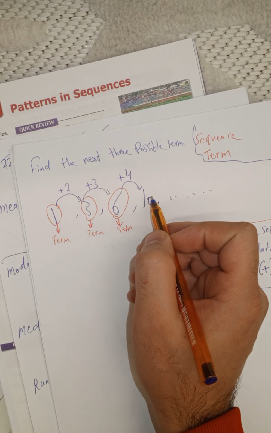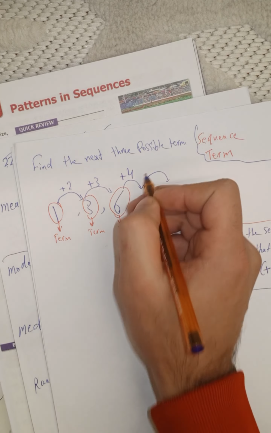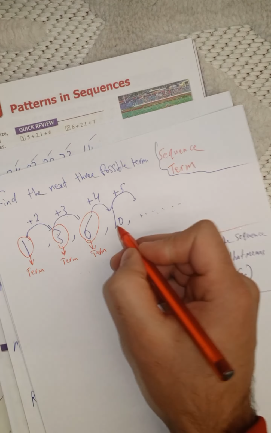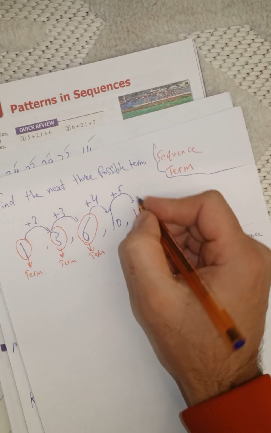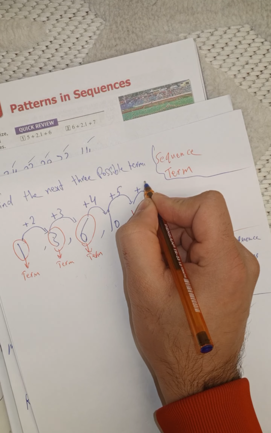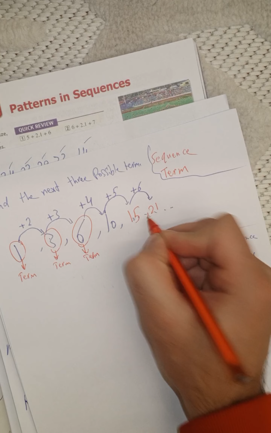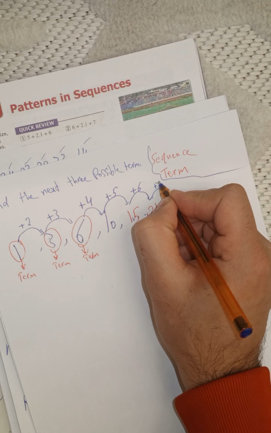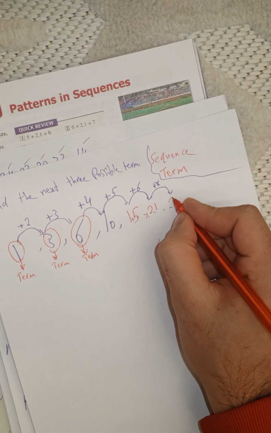For the next term, the fifth term, this one is increasing by plussing 5. It's very clear. So 10 plus 5 is 15. Then after this term, this one is increasing by what number? By adding 6. It's going to be 21. The third number is increasing by plussing 7. It's going to be 28.